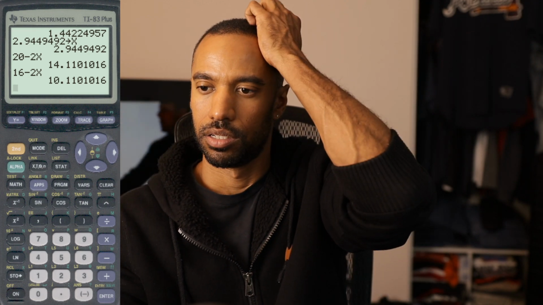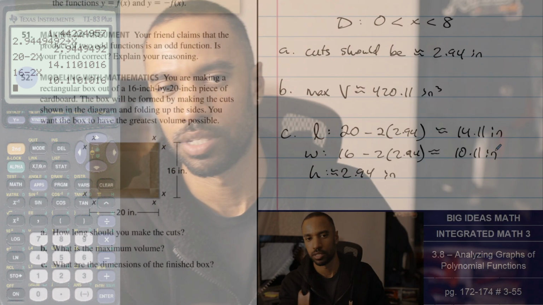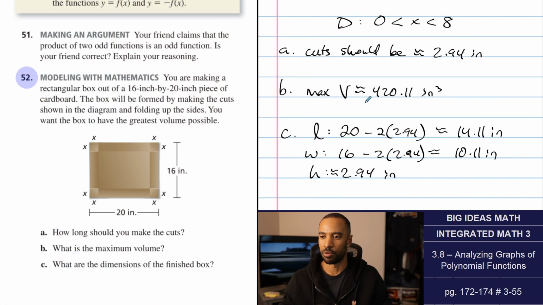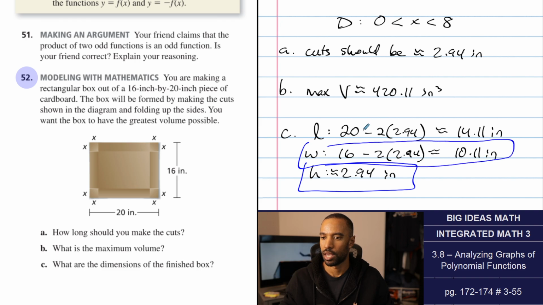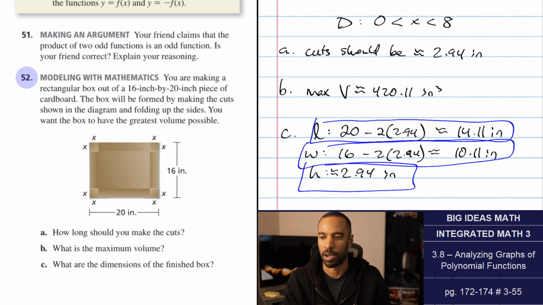I'll still round to the nearest 2 decimal places, and we'll call that 14.11 inches and 10.11 inches. Sorry, I forget how long I've been on one screen versus the other, but now I'm back on this screen here. So here, height, width, and length. Those are the dimensions of the finished box. That times that times that should be around our 420 number, I suppose.